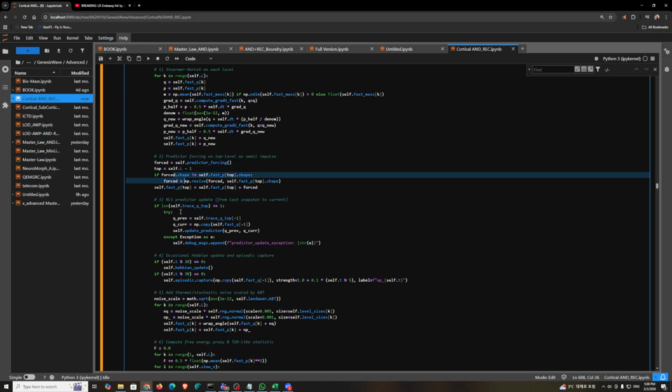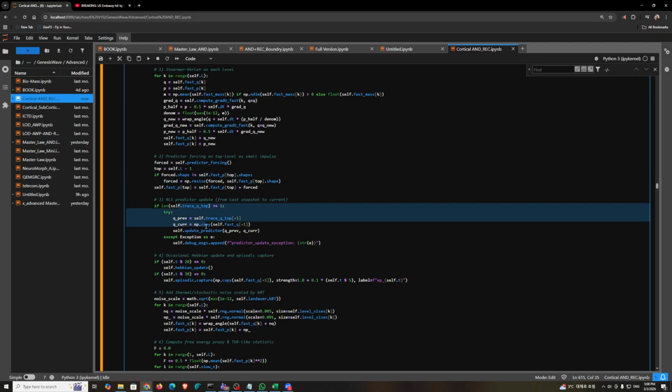Then, of course, you've got your learning and memory. The RLS predictor itself is updated based on the current and previous states, continuously refining its understanding of the system's dynamics. Then, periodically, the system captures new episodic memories, and it performs Hebbian updates to reinforce associations. These are the update steps.